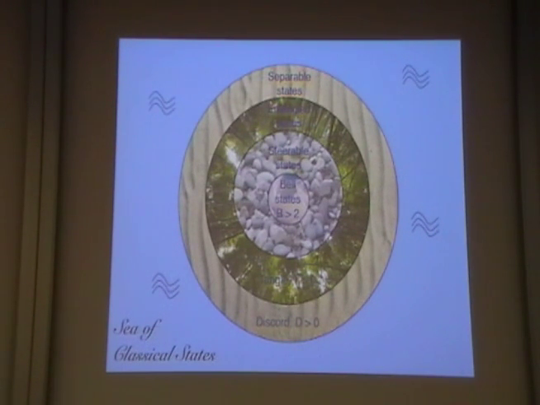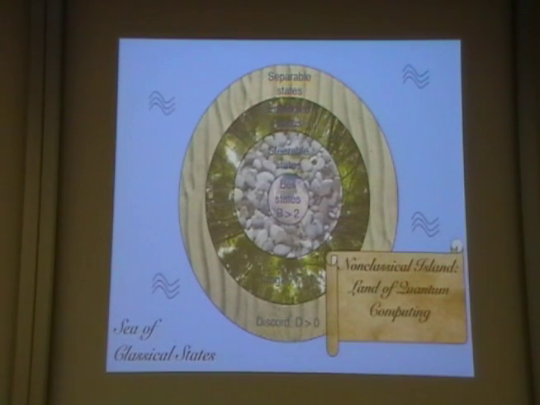Because if you've been doing quantum for a long time, you see the word separable states and you think classical physics. What this shows you is there are separable states that are still quantum, that have a quantum advantage, quantum features, and can be used for an exponential advantage in calculations. And together this forms the island, non-classical island, land of quantum computing, here be funding.